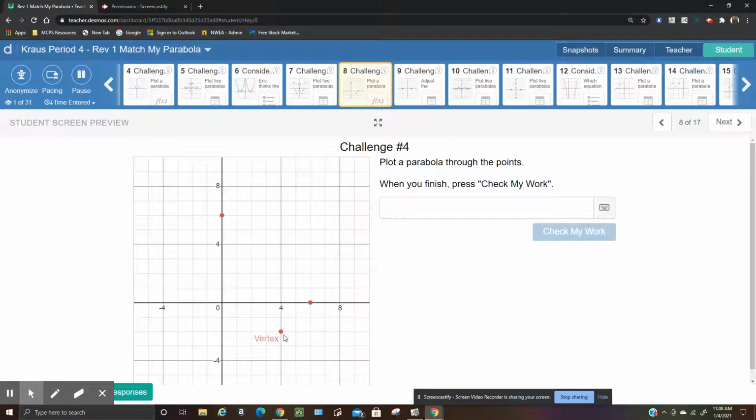All right, this one, you have the vertex, so I'm going to use vertex form here. And A is positive. So I'm just going to write A for now. And then x minus 4 squared minus 2.